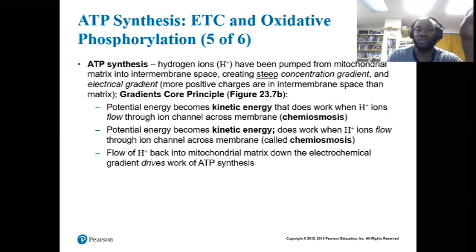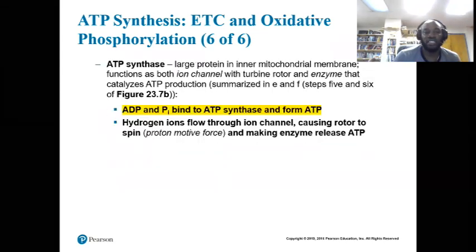So the potential energy becomes kinetic energy that does work when the hydrogen ions flow through the ion channels across this membrane, and then you have the flow of hydrogen back into the mitochondrial matrix. Down the electrochemical gradient drives the work of ATP synthesis.